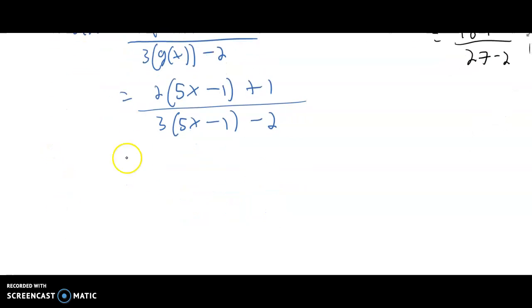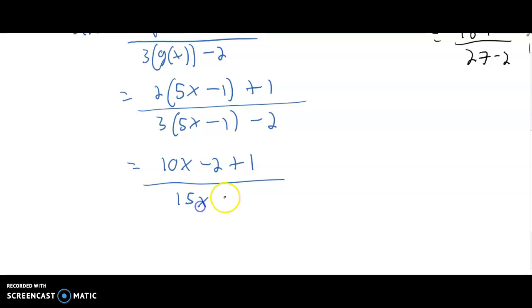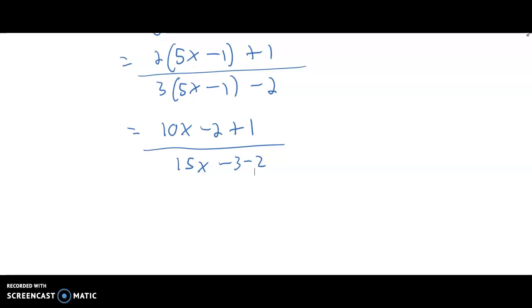Now we just distribute and simplify. So up top I have 10x minus 2 plus 1. On the bottom I have 15x minus 3 minus 2. And we get a final answer of 10x minus 1 over 15x minus 2.